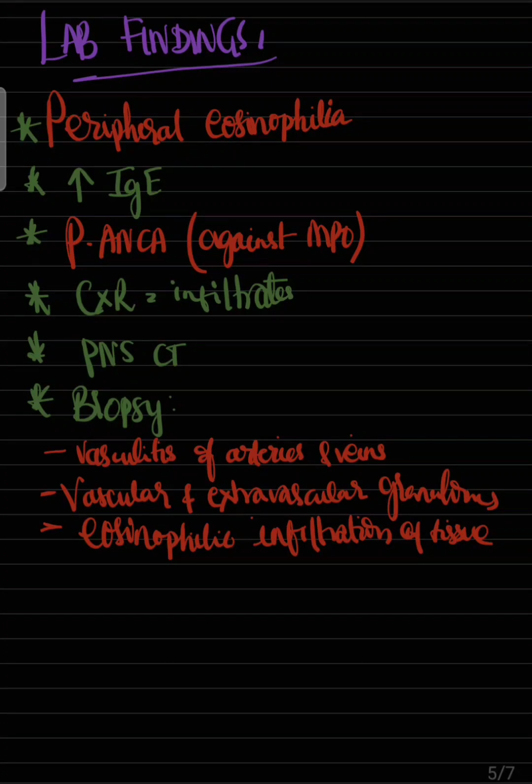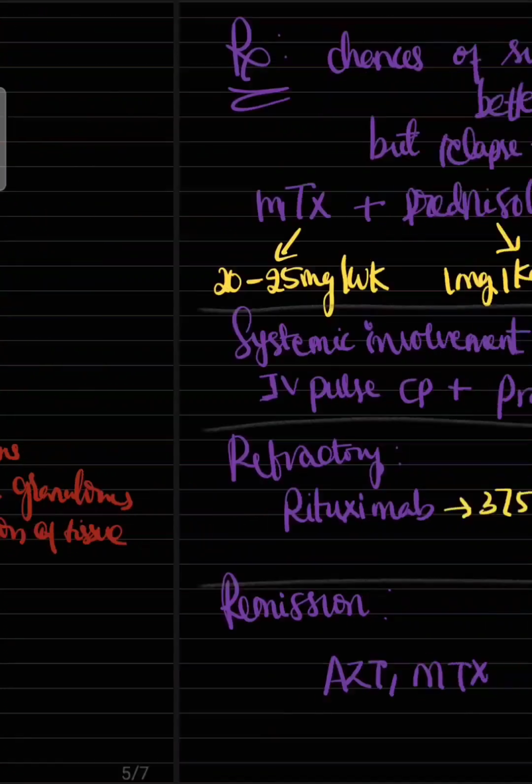On chest X-ray, we've got pulmonary infiltrates. On PNS, that is paranasal sinus CT scan imaging, we can sometimes see inflammation, and there's bone involvement in rare cases. Then on biopsy we see vasculitis of both arteries and veins. There's vascular and extravascular granuloma and eosinophilic infiltration of the tissue.